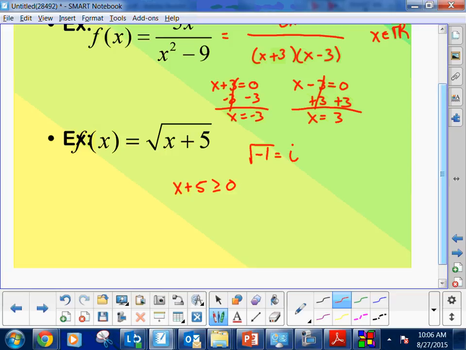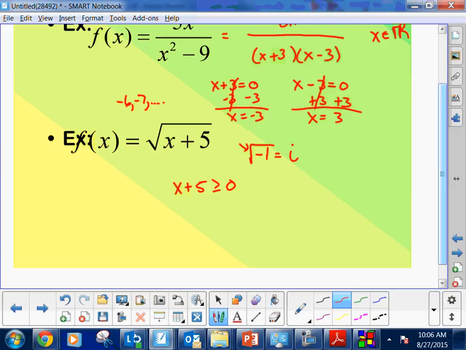I think most of y'all can see it: anything less than negative 5, like negative 6, negative 7, and so on, if that goes in here, it's going to make an imaginary number. And we can't have that.